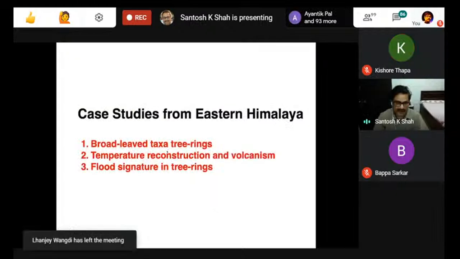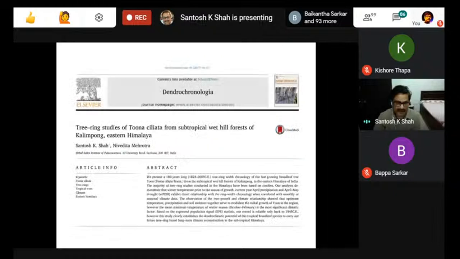These are some case studies from Eastern Himalaya. Even people believe, not believe, that it is actually only conifer taxa that produce annual rings. But we have carried out this tree-ring study of Toona ciliata from my hometown Kalimpong. This is hometown work, work from home. Why?